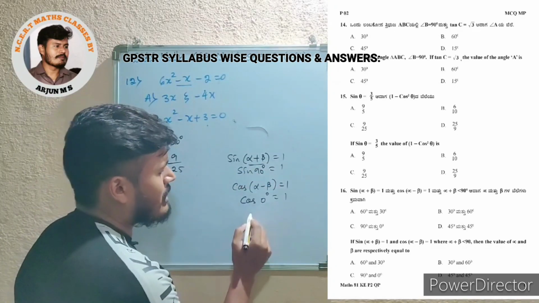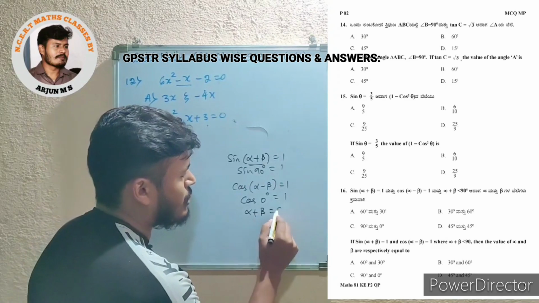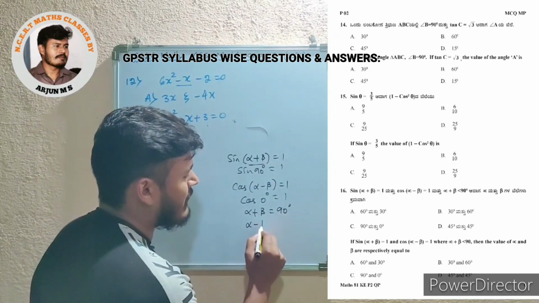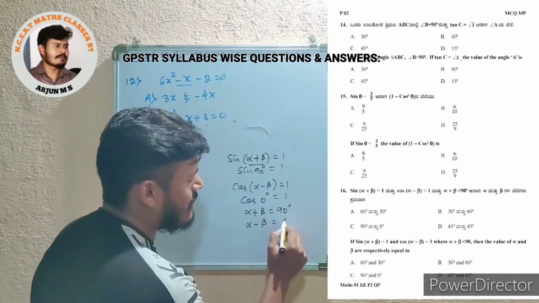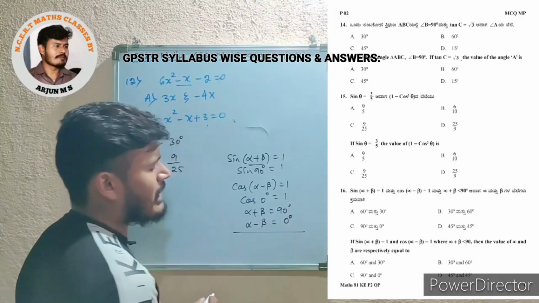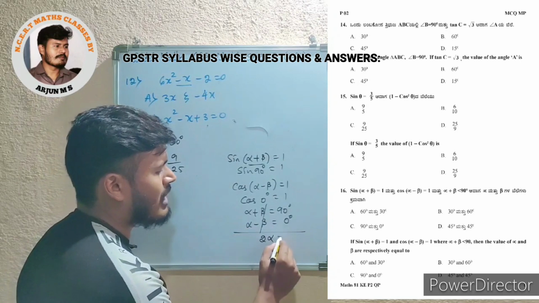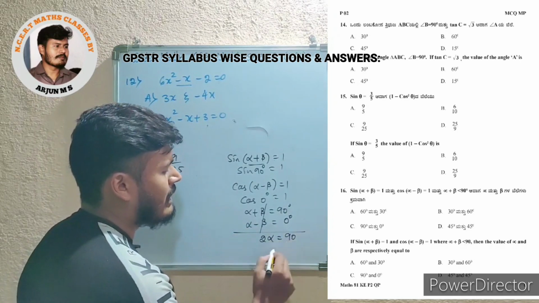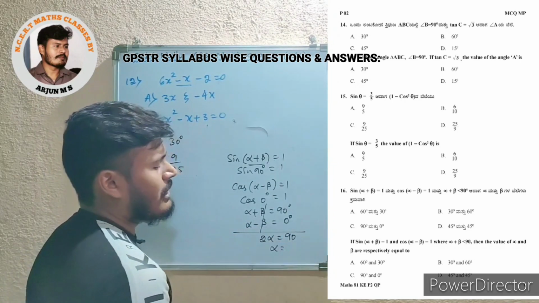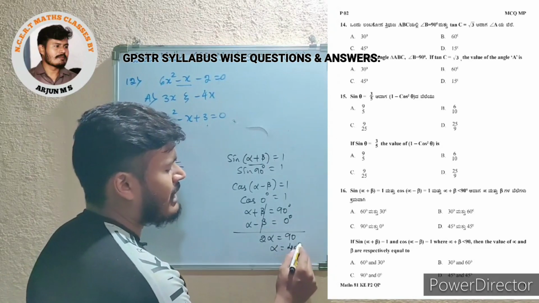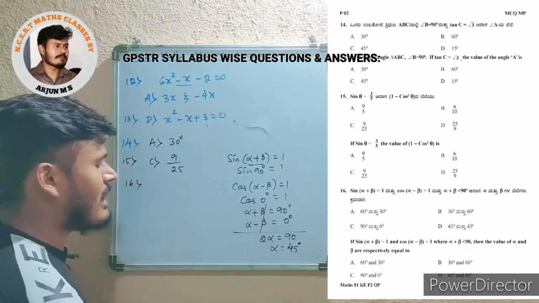So then observe here, alpha plus beta is equal to 90 degree and alpha minus beta is equal to 0 degree. Then solve by elimination method, we get beta cancelled out, alpha plus alpha is 2 alpha, which is equal to 90. Then alpha is equal to 90 divided by 2, we get 45 degree. So this is an isosceles right angle triangle.